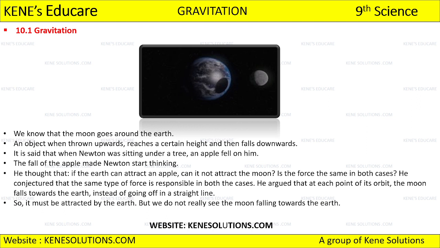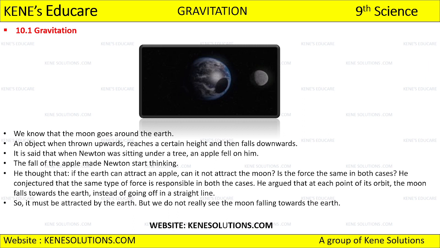But he argued that at each point of its orbit the moon falls towards the earth instead of going off in a straight line. So his argument started there: the moon falls towards the earth instead of going off in a straight line, so it must be attracted by the earth.